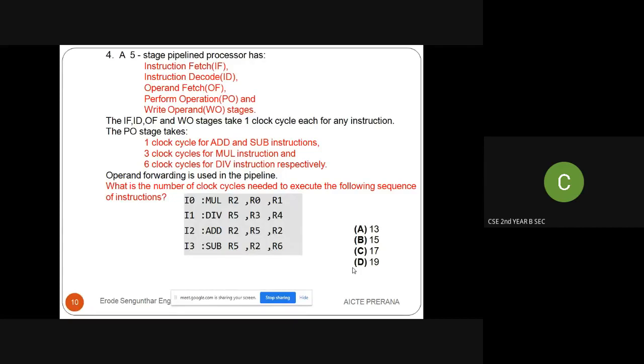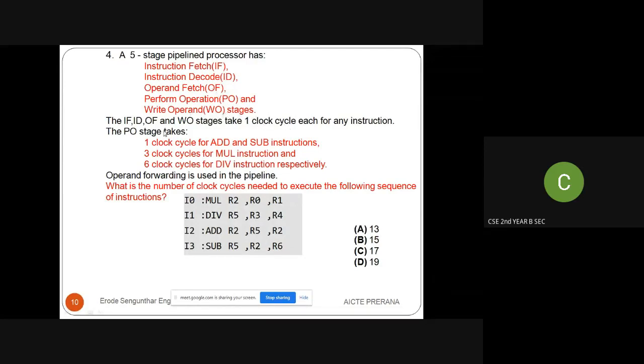Once again I repeat. They have given 5 different stages: IF, ID, OF, PO, and WO. For processing IF, ID, OF, and WO, 1 clock cycle is needed.